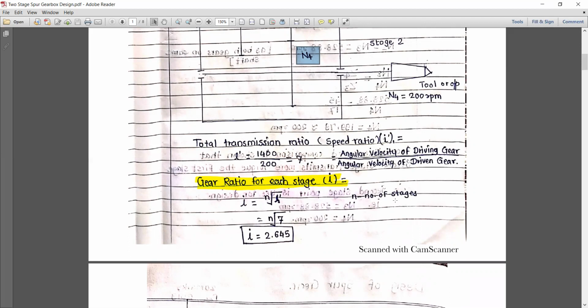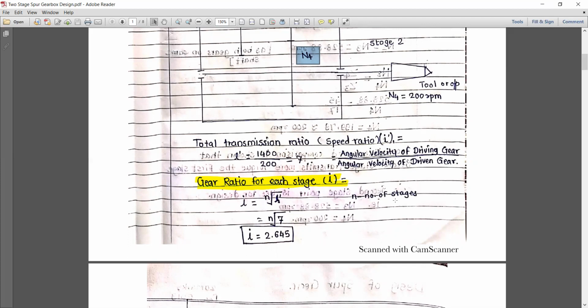Now we need to find the gear ratio for each stage, as we are deciding to manufacture this gearbox for two stages. So I is equal to the nth root of I dash, where n is the number of stages.